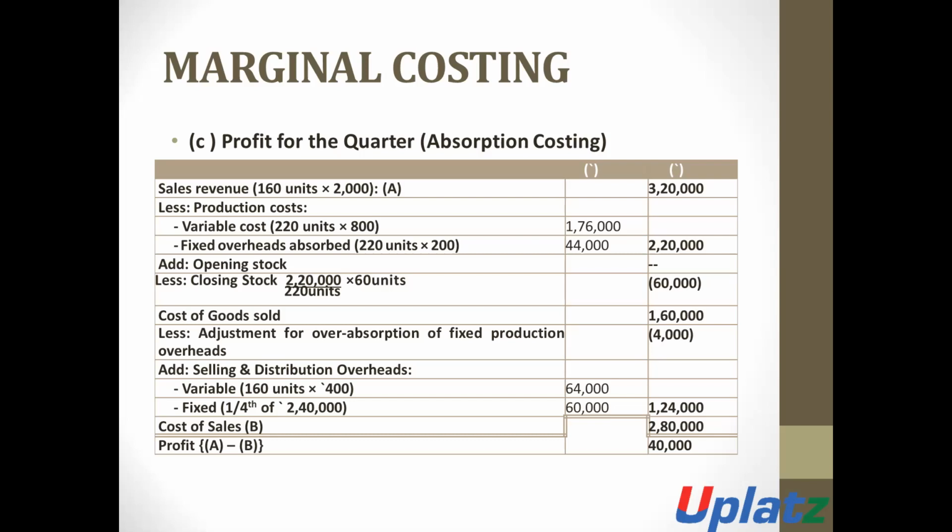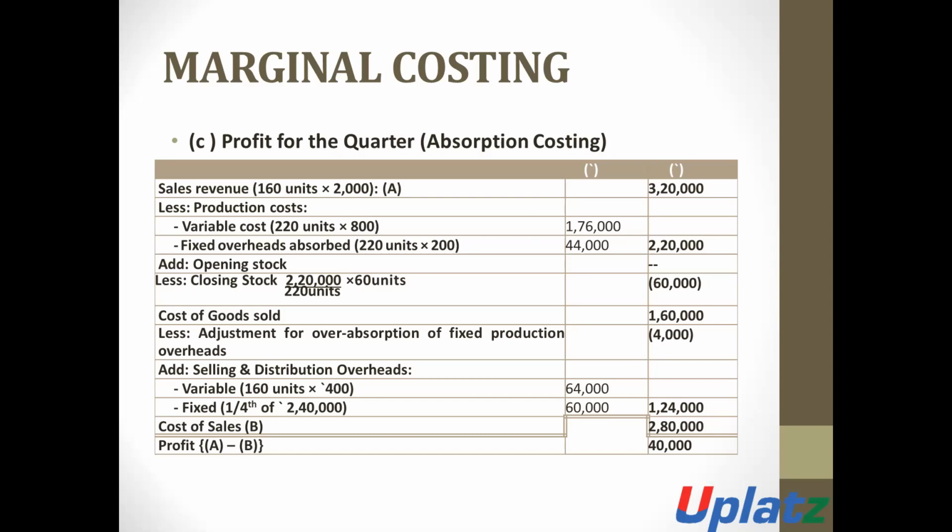And we will add or less the over recovery and the under recovery. Then we will less the adjustment of over recovery, 4,000, the over recovery of the fixed production overhead. And then we will add selling and distribution overhead.